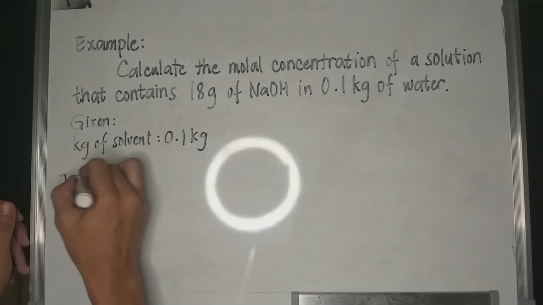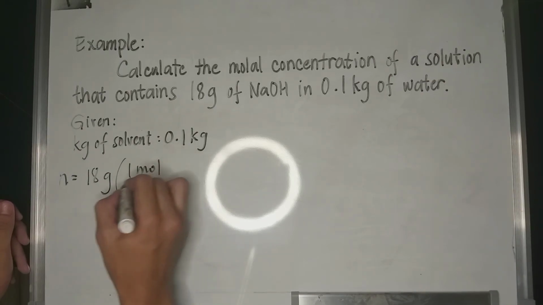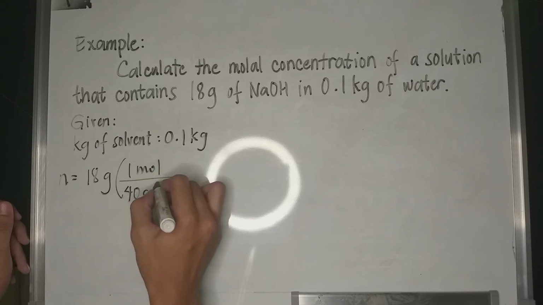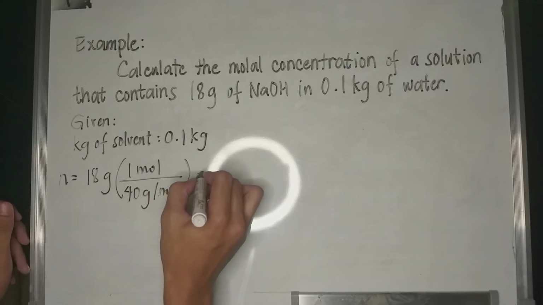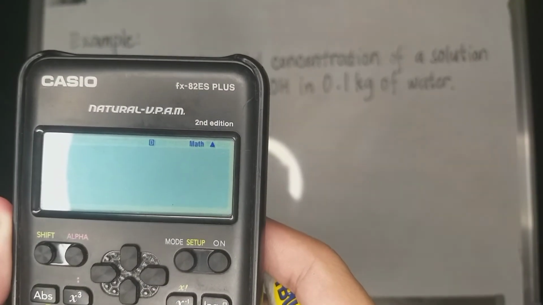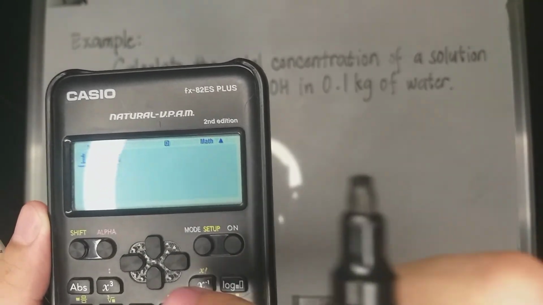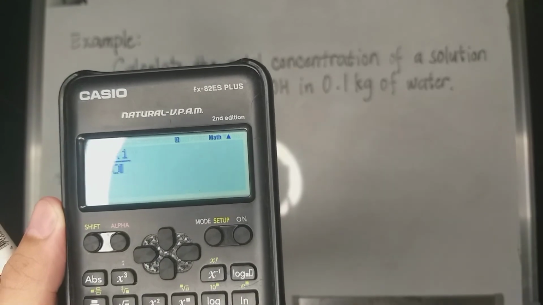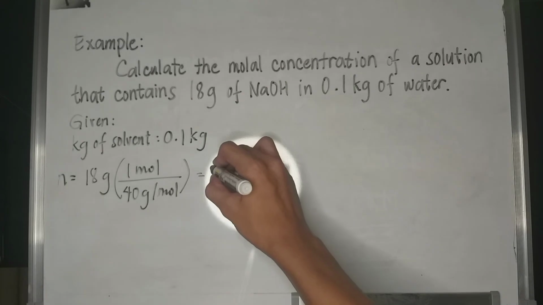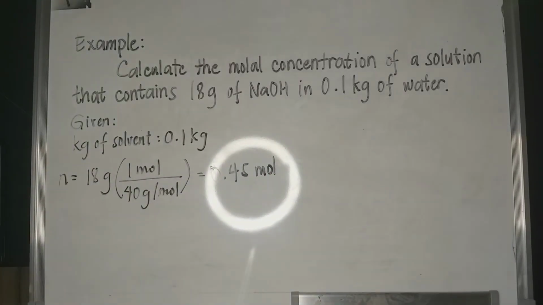So, number of moles of solute equals 18 grams multiplied by 1 mole over its molar mass, which is 40 grams per mole. So, let's use the calculator. So, now, 18 times 1 divided by 40. So, the answer is 0.45 mole.